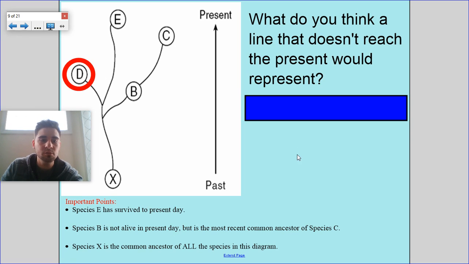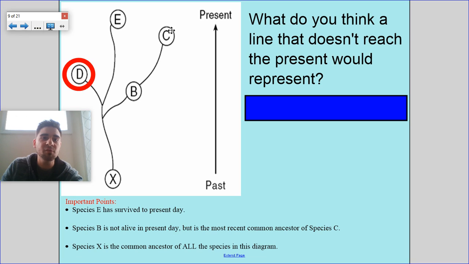Before we answer this question, first of all, species E has survived to present day. Species B, however, is not alive in present day, right? It only existed up to here, some point in the past. But it's showing it's the most recent common ancestor of species C, right?